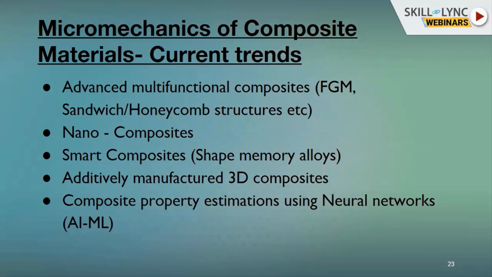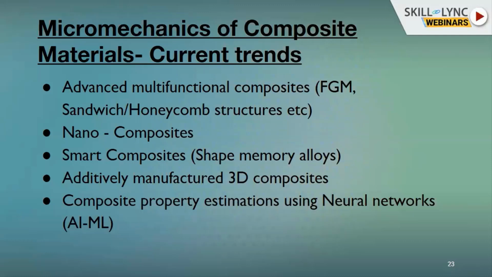So we have smart composites, where various shape memory alloys and shape memory polymers are used. What happens in smart composites is they can adapt to various shapes and change their size, and they can remember their size and shapes if activated thermally or electrically.